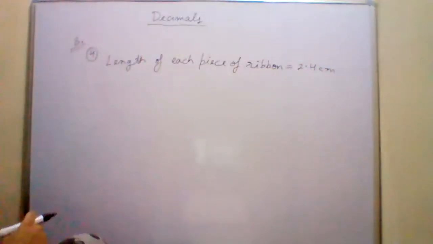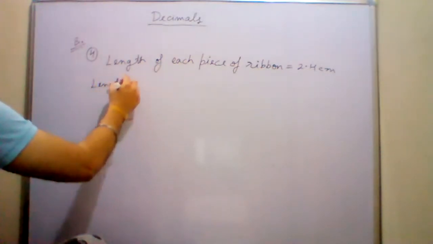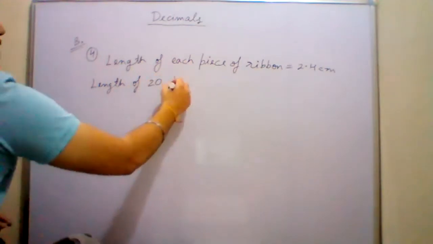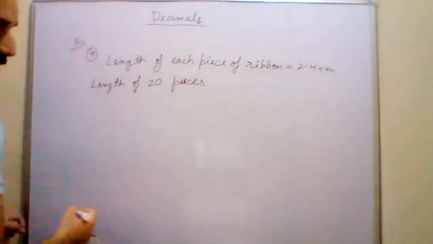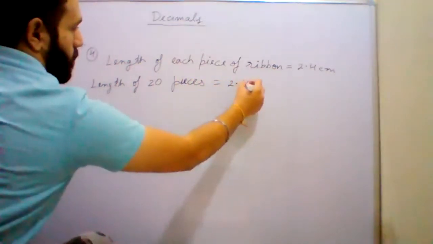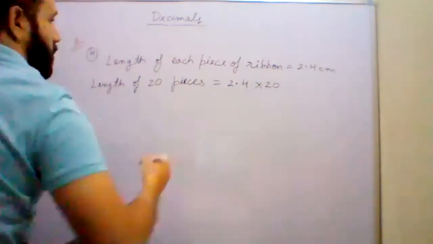This is the length of each piece of ribbon. Now, length of 20 pieces. 2.4 multiplied by 20. Okay.